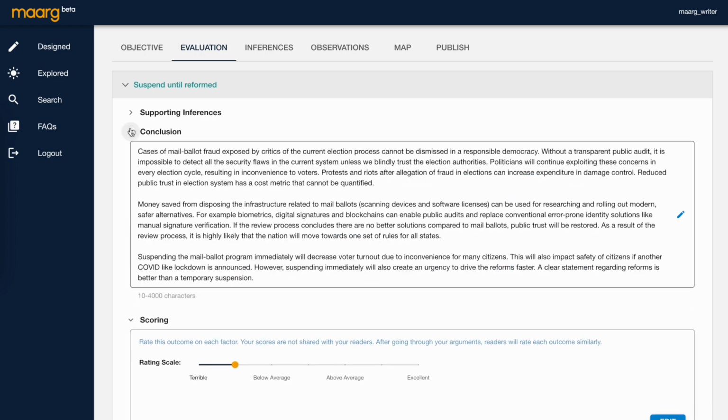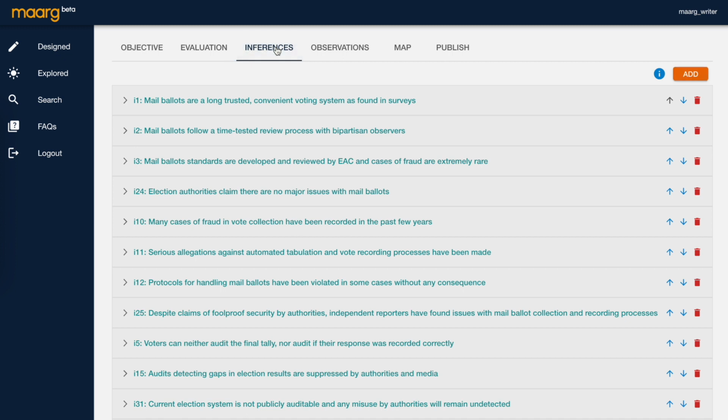After writing the conclusion, try to dissect each line as an inference. Your readers will obviously challenge or disagree with every line of your evaluation. The advantage of creating an inference is that inferences allow you to understand exactly which arguments are resulting in your readers leaving unconvinced.